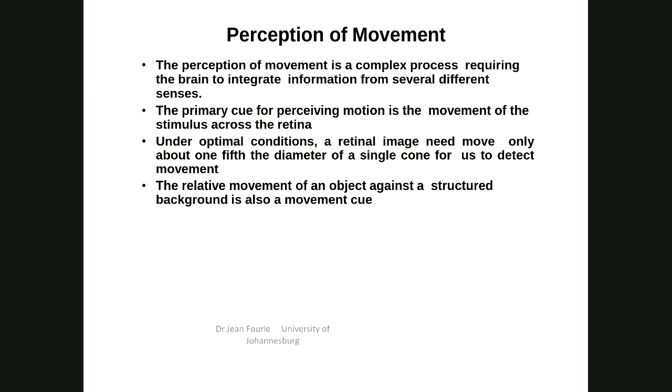With retinal images, we can distinguish very small movements because the little cones in the retina are very, very close together, and you only need the light to change from one cone to another cone for us to be able to see something that's moving.